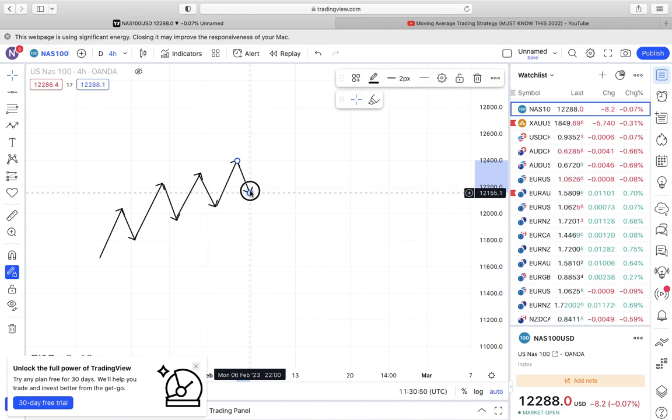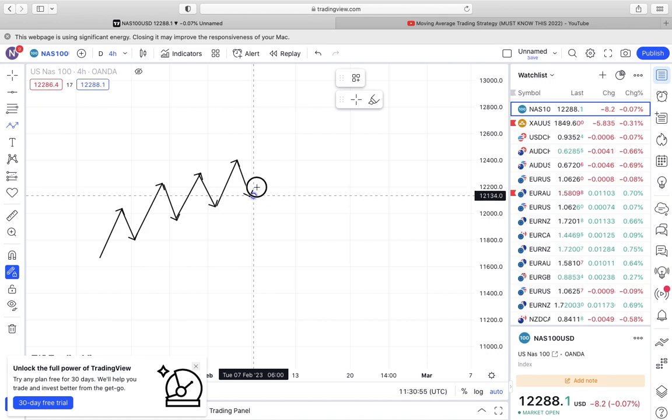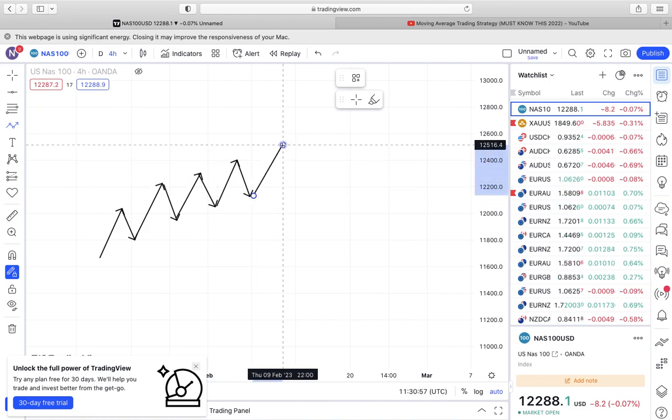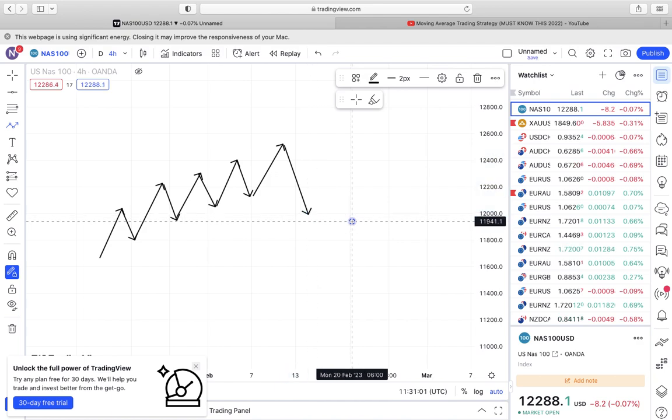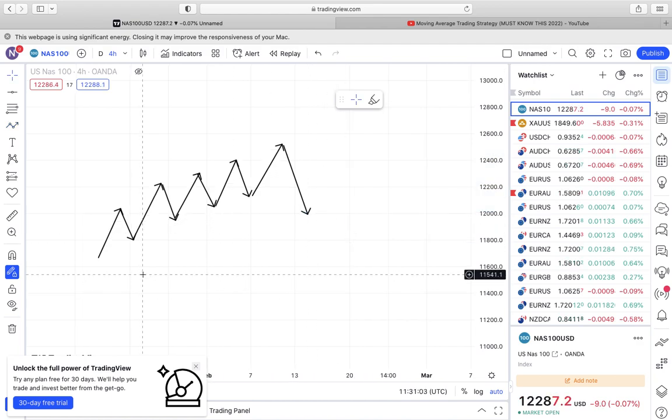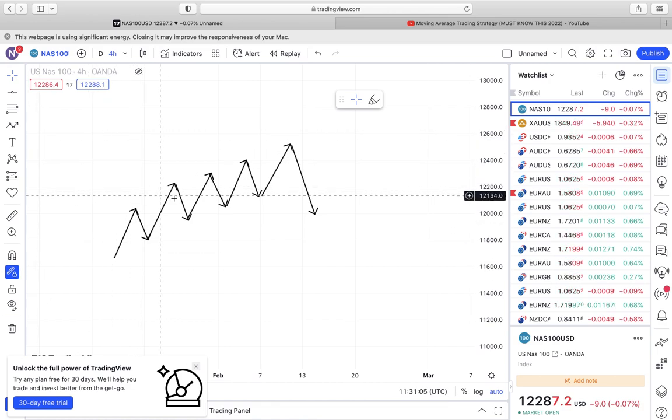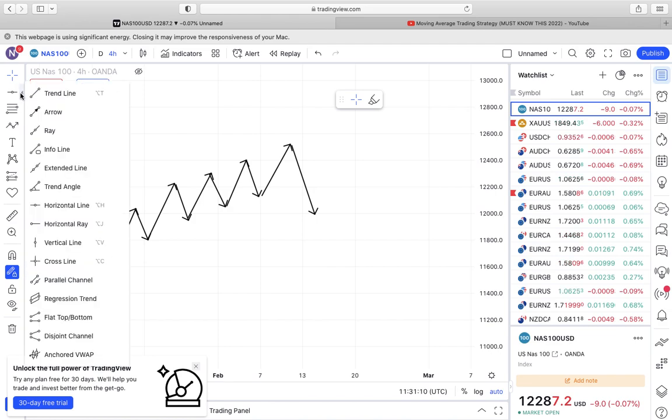Let me put the structure here. Now, this is what you do. You identify key zones. You come here and mark your key zones.